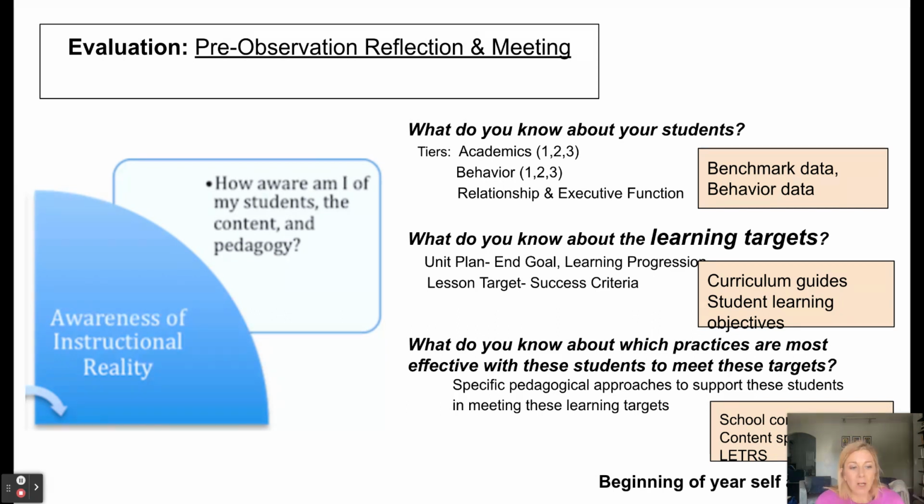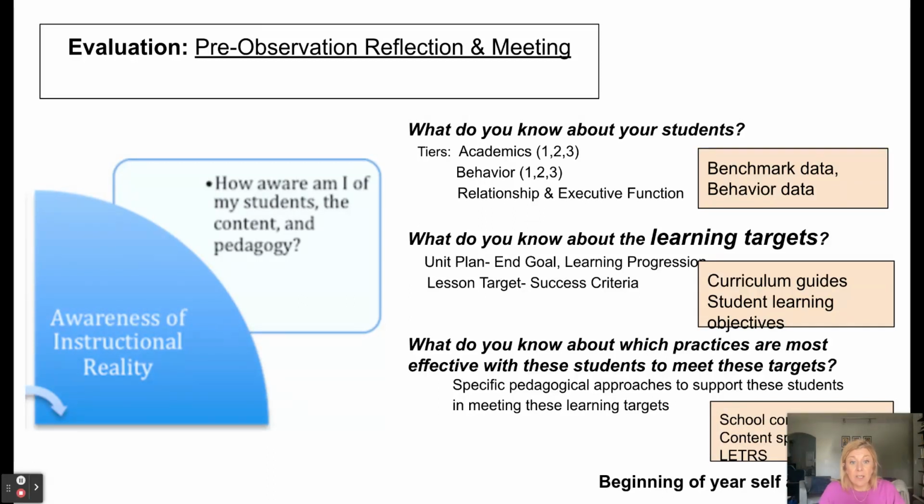The first part of a reflective cycle is awareness of instructional reality. And so that's when the teacher is able to accurately reflect on who their students are and what their students' needs are academically, behaviorally, socially, and in terms of executive function.